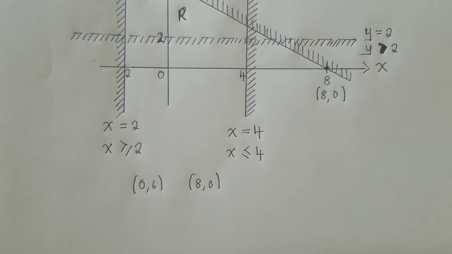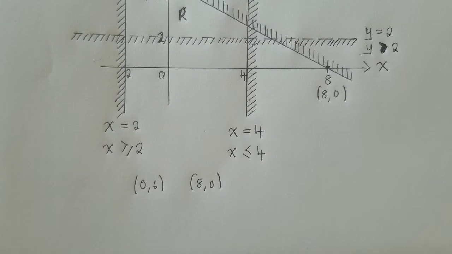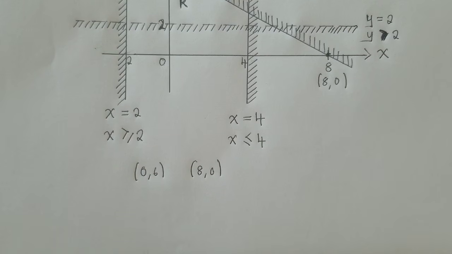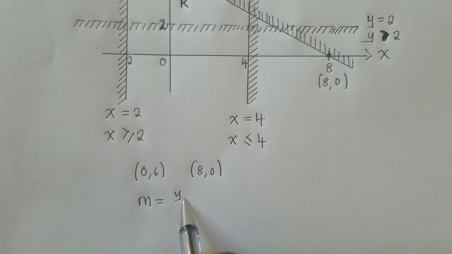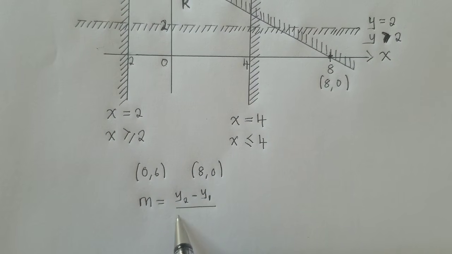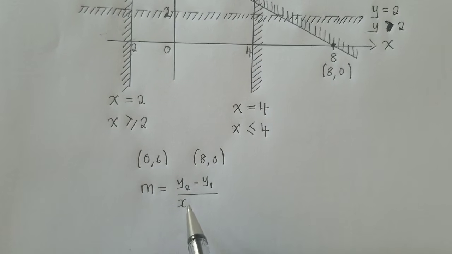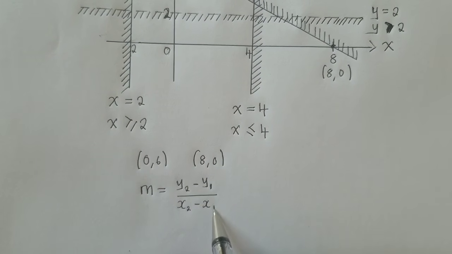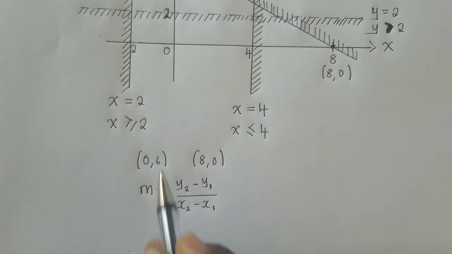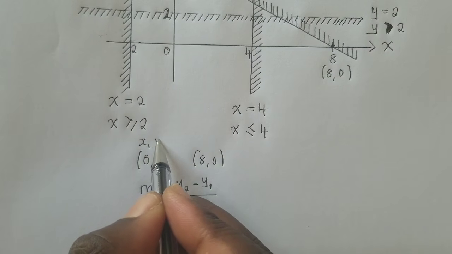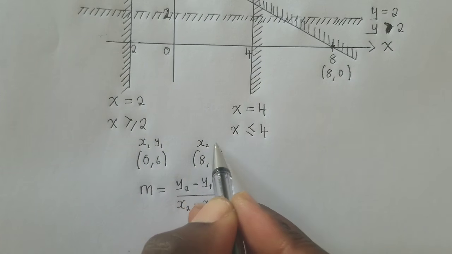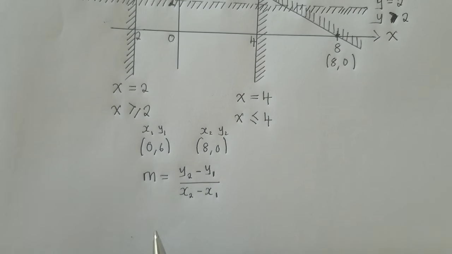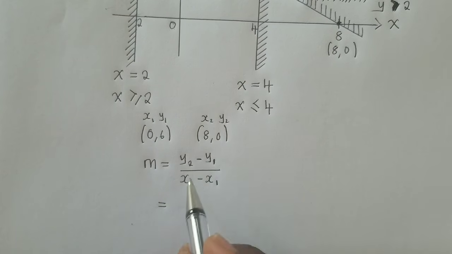I'm going to use the idea of finding the straight line. For finding the straight line, we need the gradient. So we're going to say m is equal to y2 minus y1 over x2 minus x1. So this is our x1, y1, x2, y2. We just substitute.